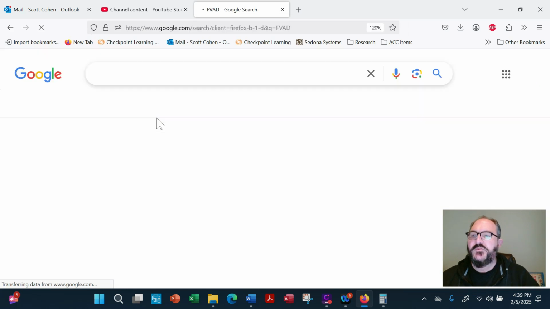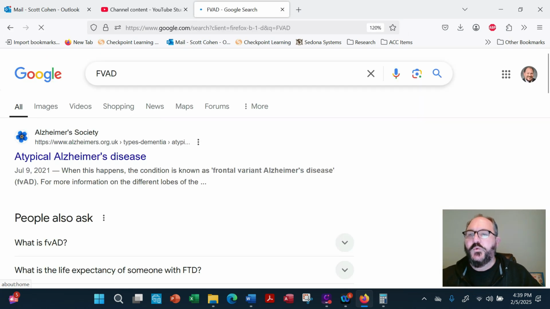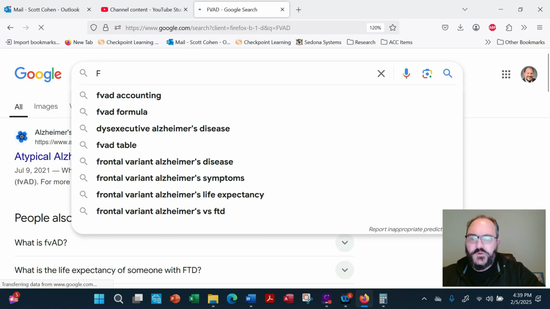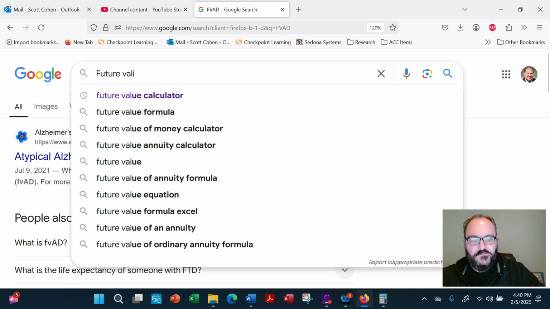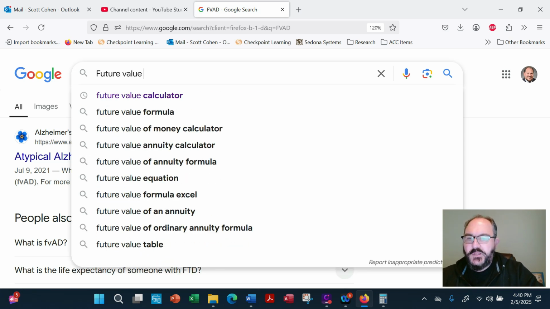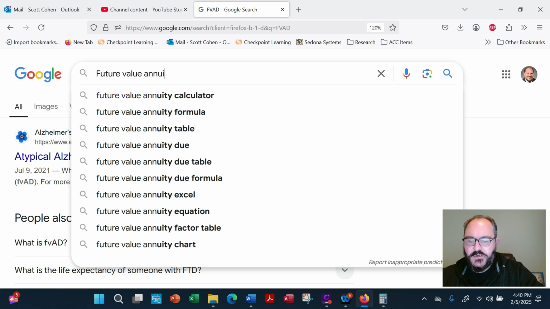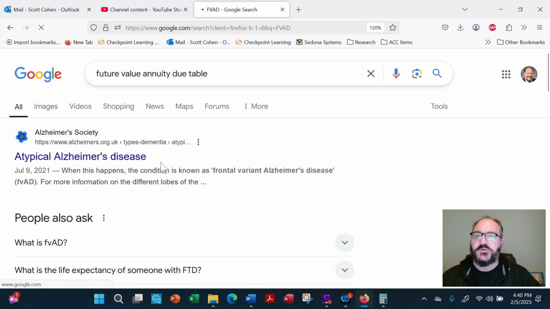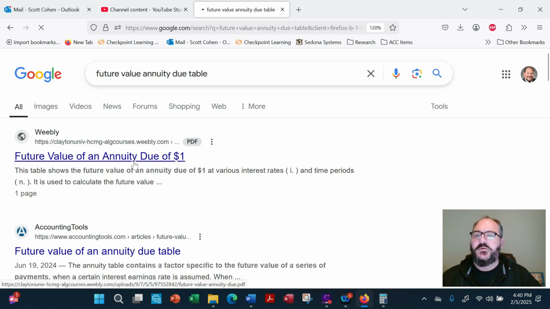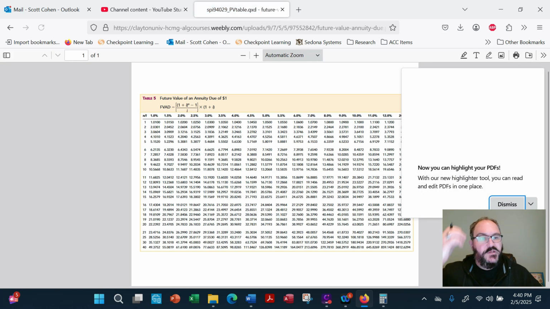And let me go over here and go future value annuity due. Hopefully that will give me a future value of annuity due? Nope. Okay. Let's see. Future value annuity due table. Here we go. Let's use the table. So this is 30 years.